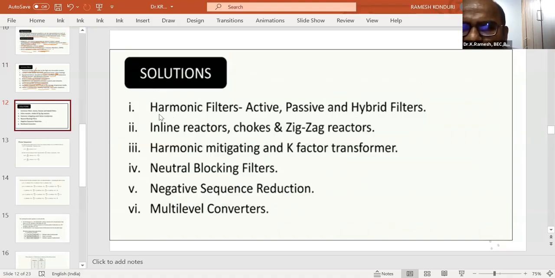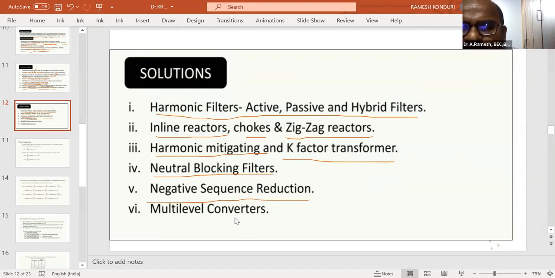The solutions are harmonic filters: active, passive, and hybrid filters. So by putting in-line reactors, chokes, zigzag reactors, harmonic mitigating and K-factor transformers, neutral blocking filters, negative sequence reduction, and multi-level converters.